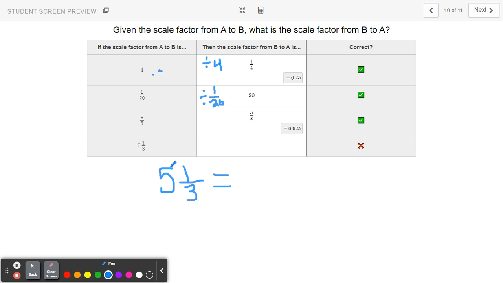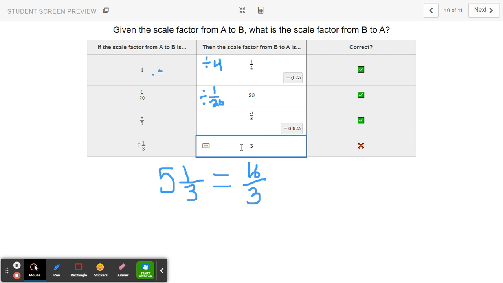Well, every whole is 3/3, right? 3 pieces. So that means 5 wholes is the same thing as 15 thirds, but we've got to add this one on, which is 16 thirds. So if I wanted to go back to its original, I really have to flip 16 thirds, and that becomes 3/16. Okay.